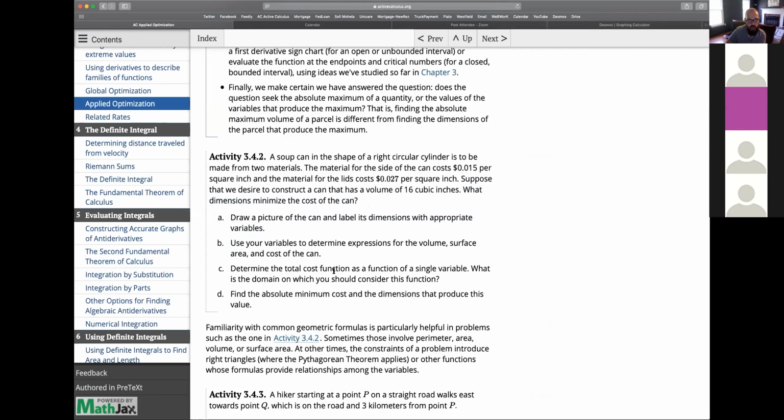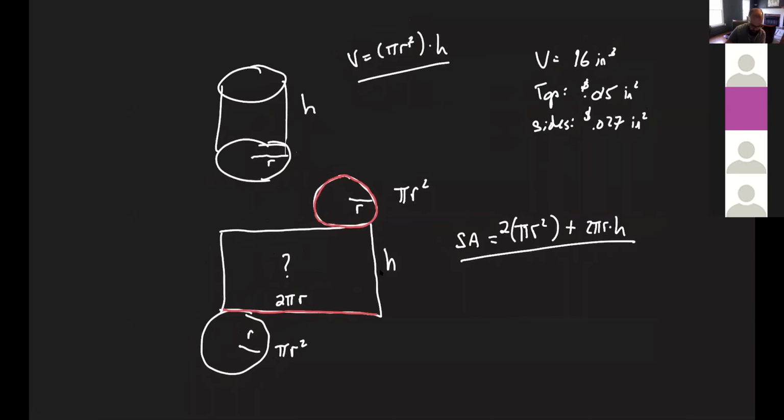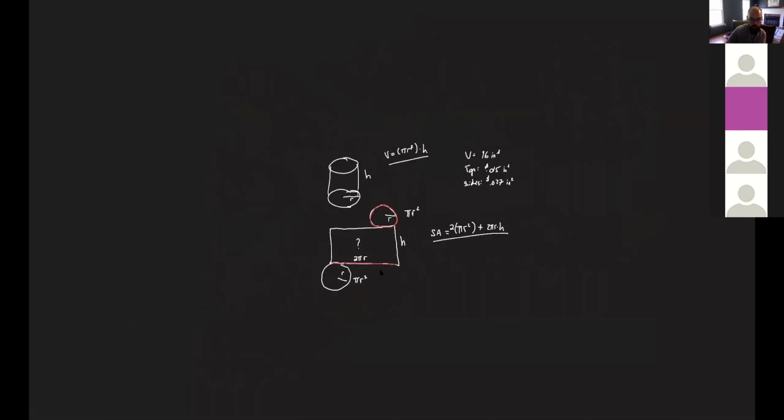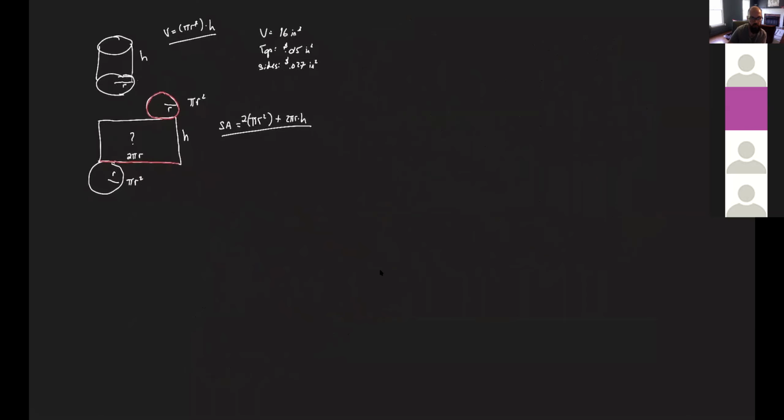What dimensions minimize the cost of the can? Okay, so once we do that, we're going to have to put this into a single variable. So let's go back. We need to figure out our cost. Here's a bunch of information that we figured out.